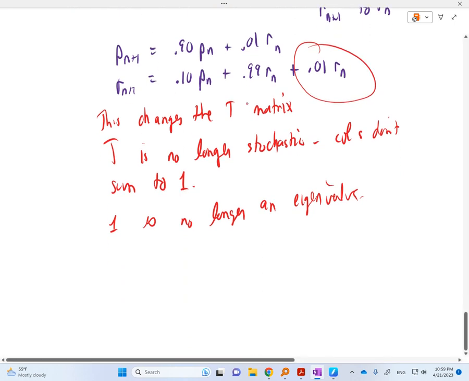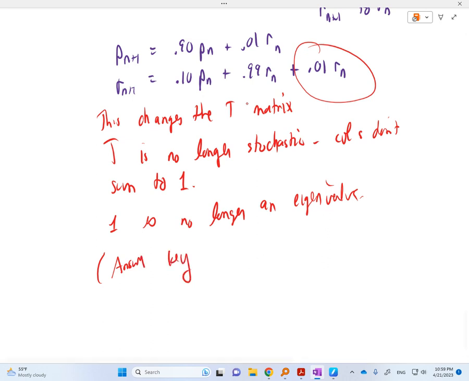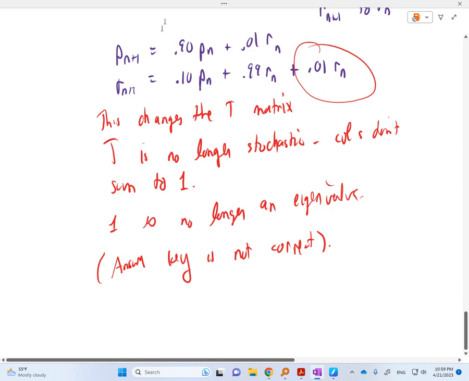Now, the answer key is wrong. Okay. So just beware there that the answer key does not give you a correct answer. And anyway, you shouldn't be relying too heavily on the answer key.